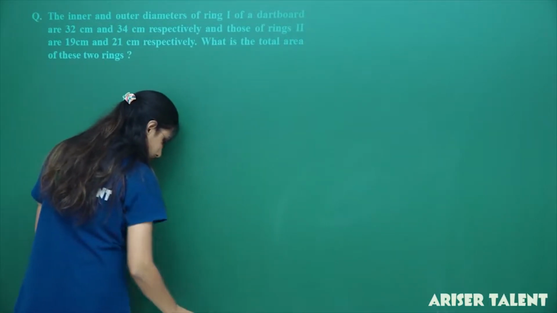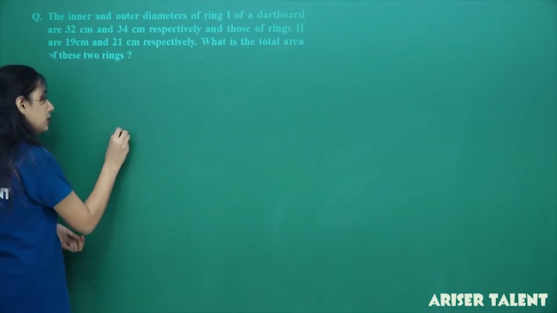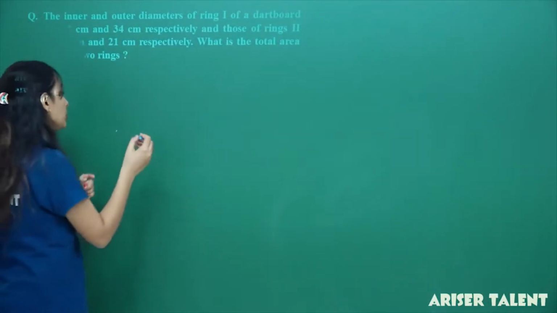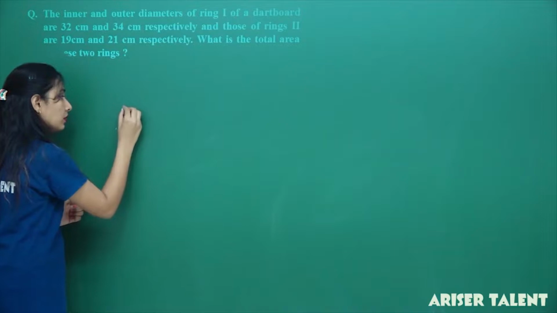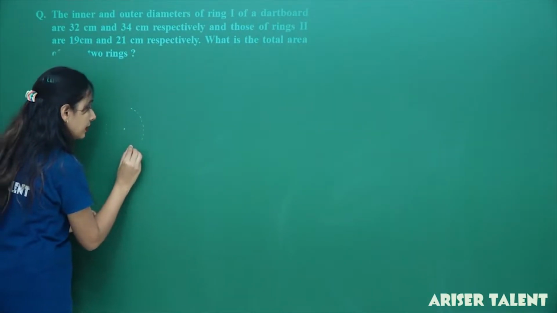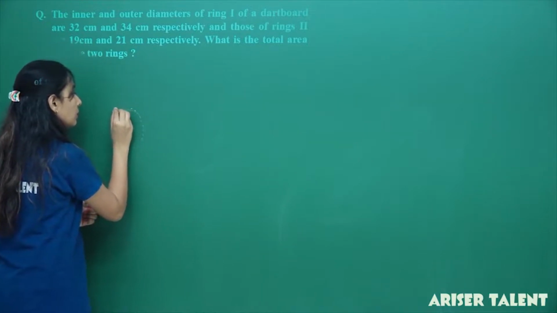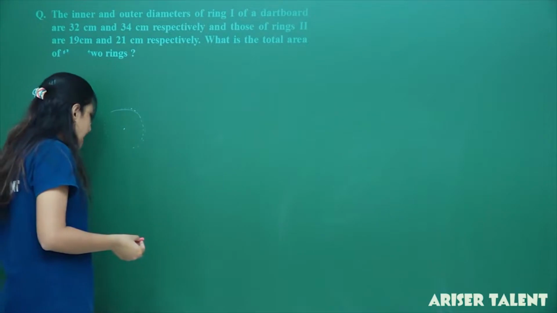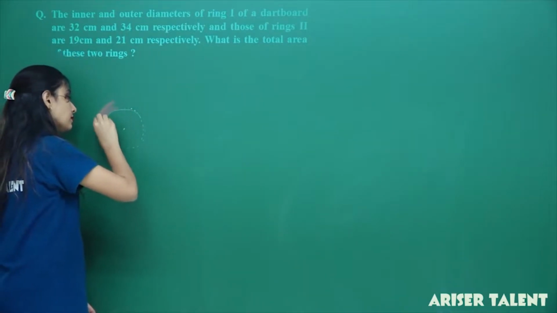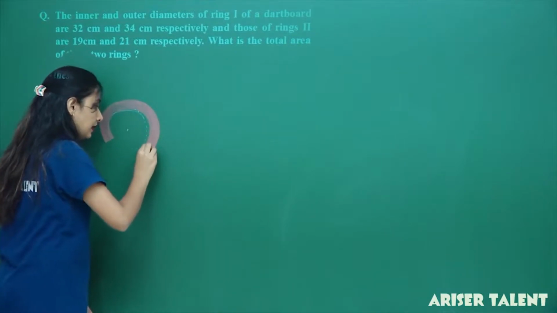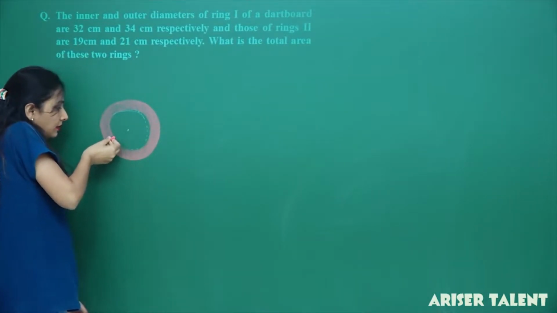So if this is the center of the dartboard, that will be the first circle. Okay students, it's saying that we are having two rings here. So let's make these two rings here. The first one like this.